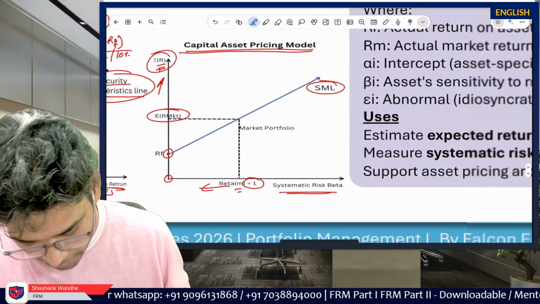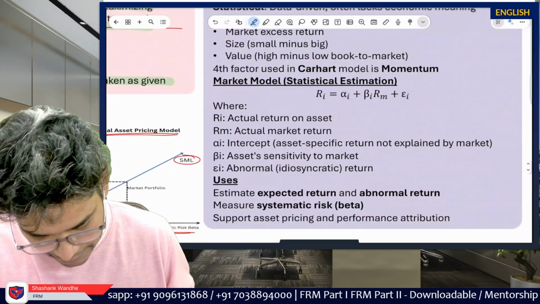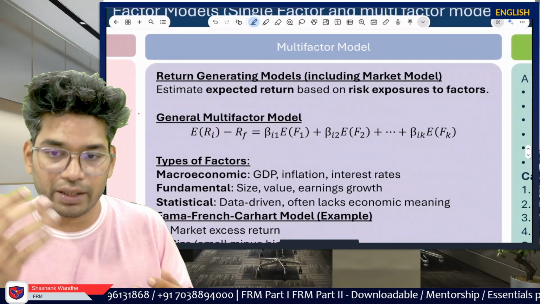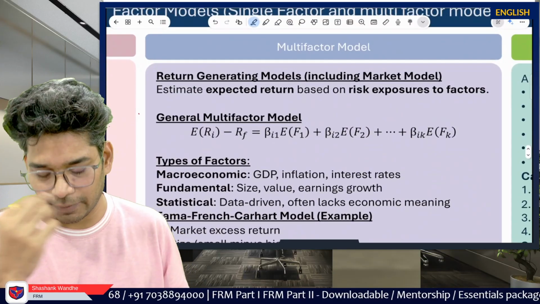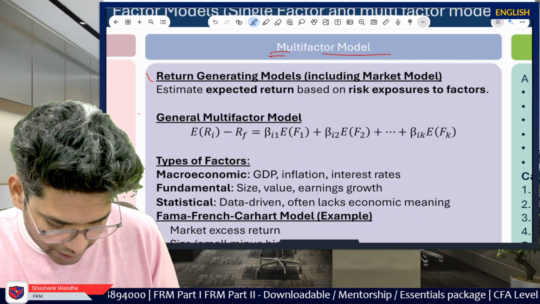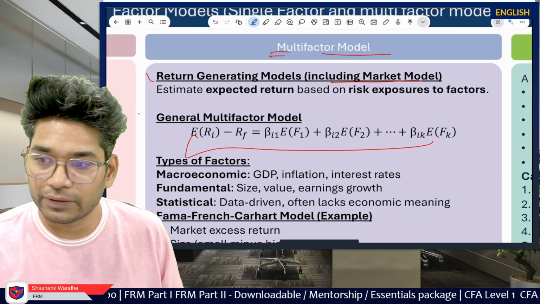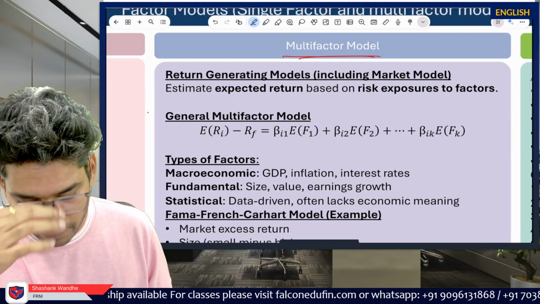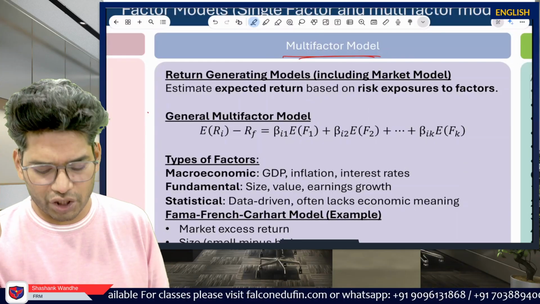Okay, fine. Next is the multi-factor model. Now the multi-factor model, here you have to understand the basic features of the model. The first is the basic multi-factor model, the general multi-factor model.